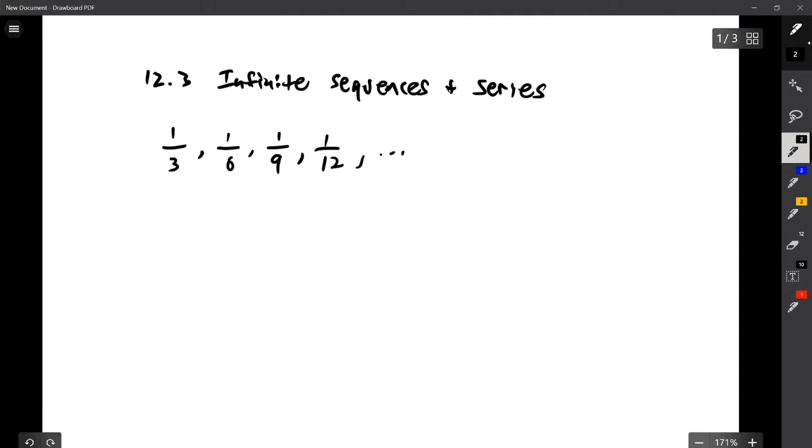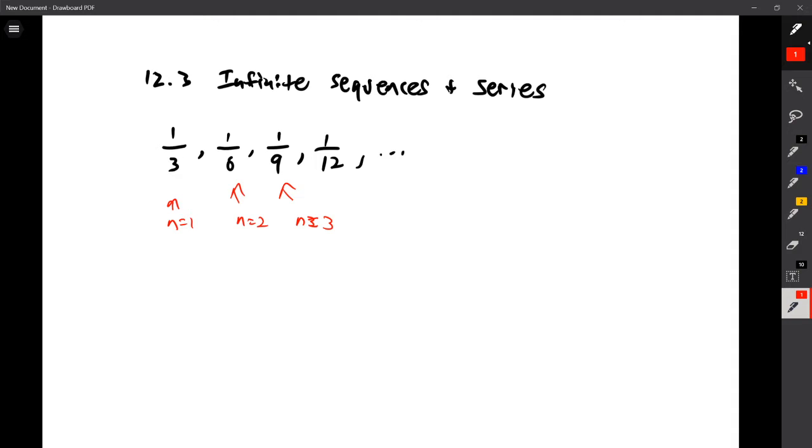Now, one thing that can happen is these can be represented in terms of n. For the first element, n is 1, for the second one, n is 2, for the third one, n is 3, where n represents the number of the term you're on.